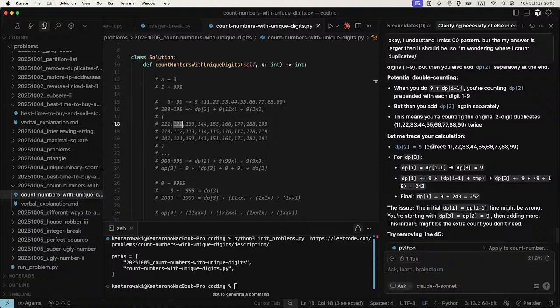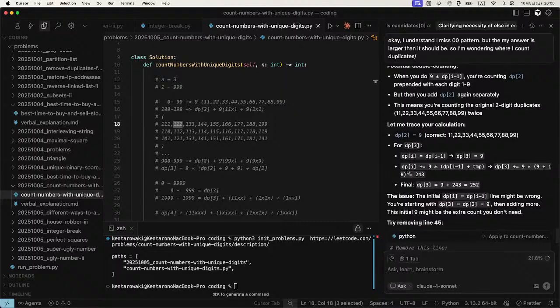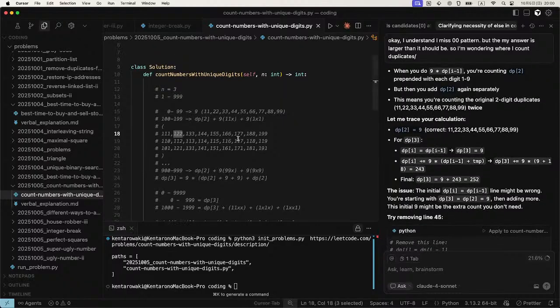Let me trace your calculation. dp2 is 9. Okay, for dp3 is 9. Yeah, because this comes from where?